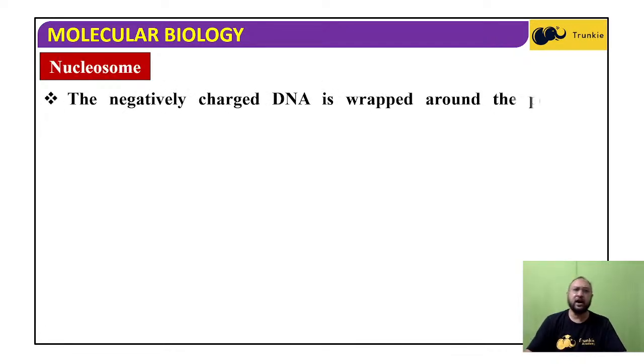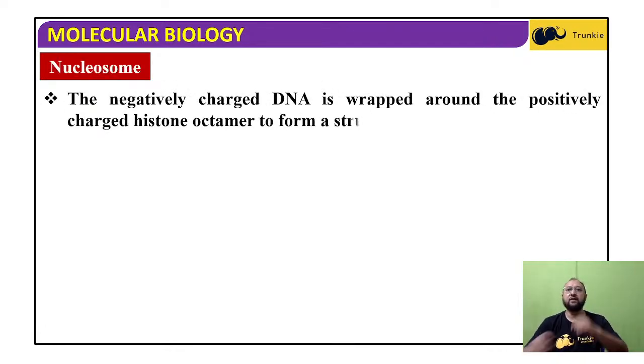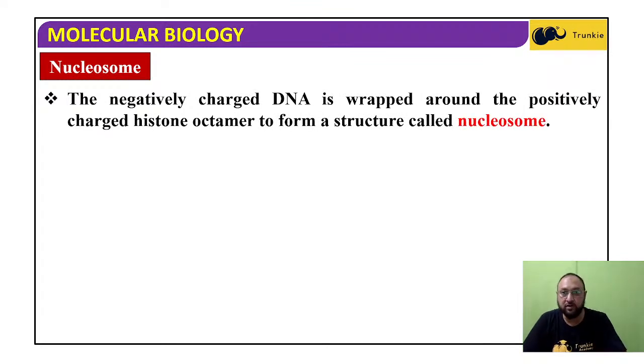The negatively charged DNA is wrapped around the positively charged histone octamer to form a structure called the nucleosome. I told you that earlier. The DNA wound over the eight histone octamer proteins is one unit, the nucleosome.